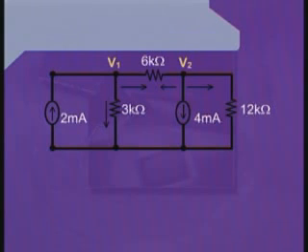Now, because we want to calculate the voltage difference at these 2 nodes, for our convenience, we give those voltages the names V1 and V2 as it is shown in this slide.